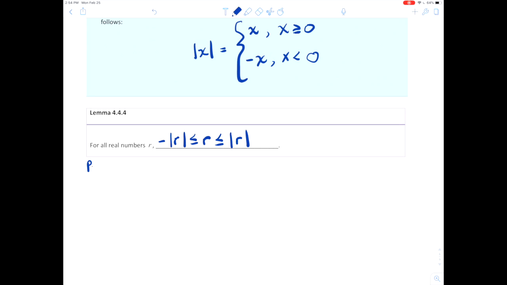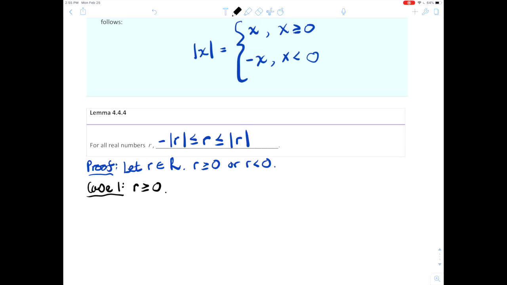So starting our proof, if we let r belong to the real numbers, r can either be greater than or equal to 0 or less than 0. So the first case, we'll let r be greater than or equal to 0.